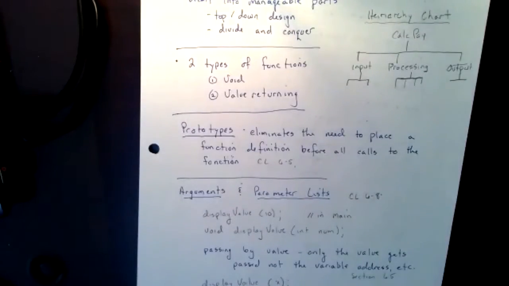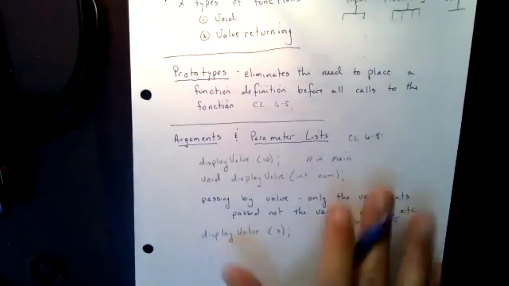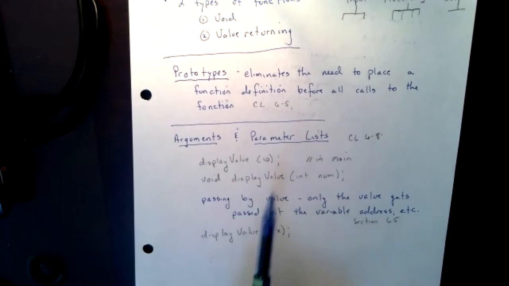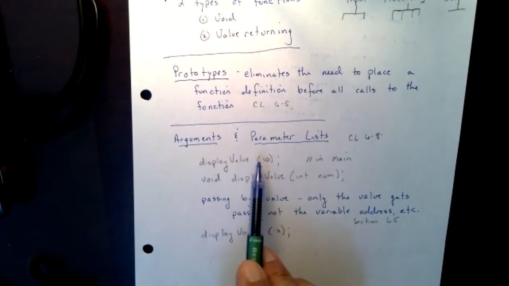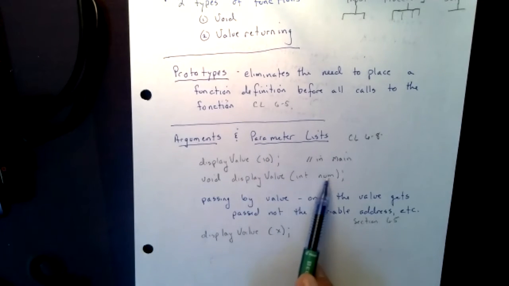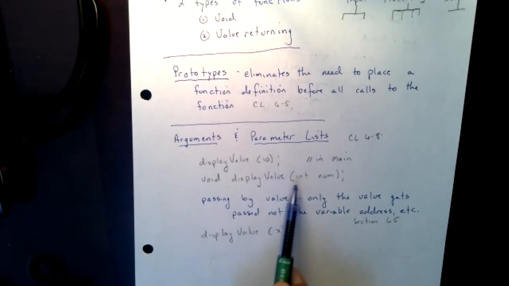Okay, good. So we took a look at prototypes. Again, there was the question, the difference between the arguments and parameter lists. Here, I'm calling the method display value 10. That is in fact the argument. And here is the actual function name with the parameter list, int num.